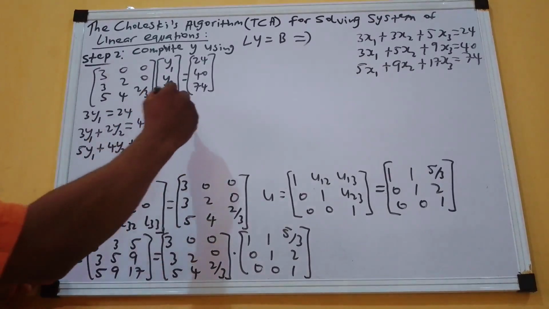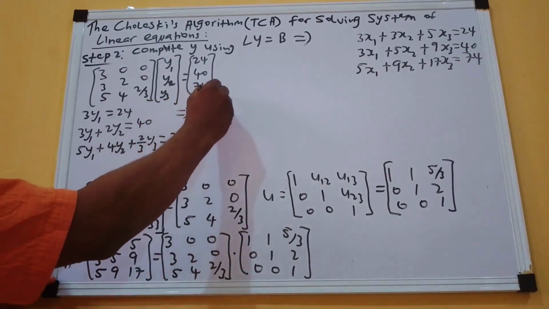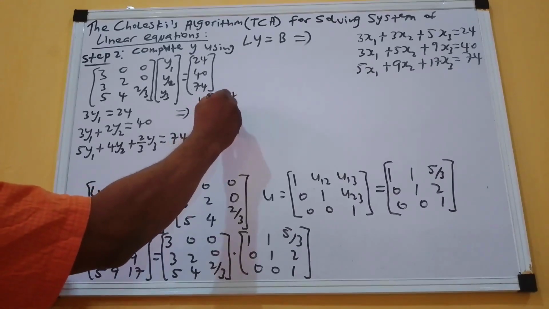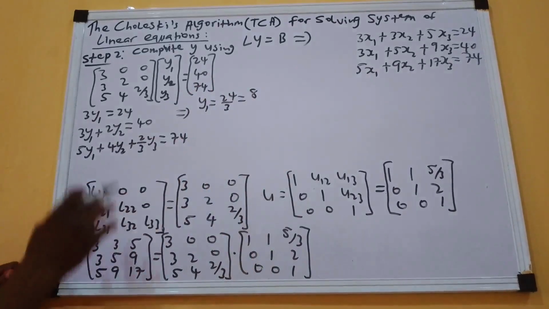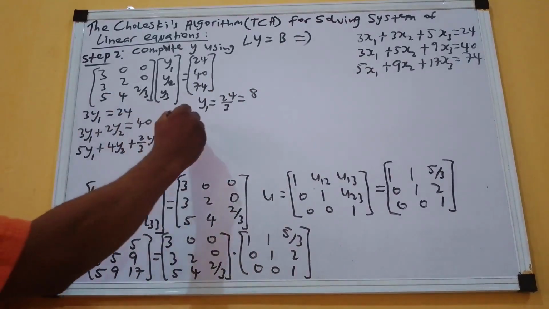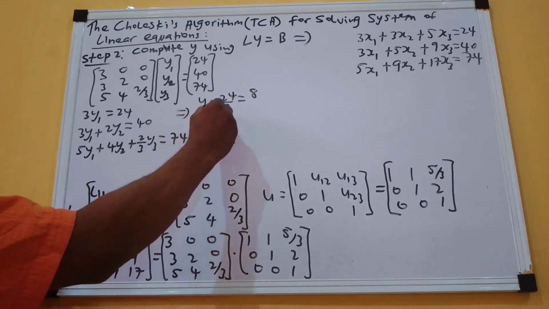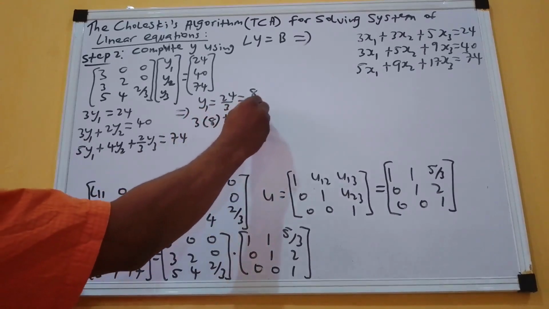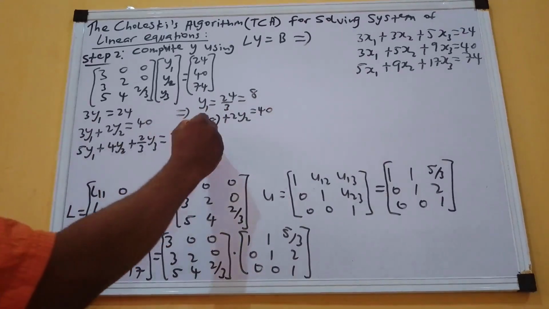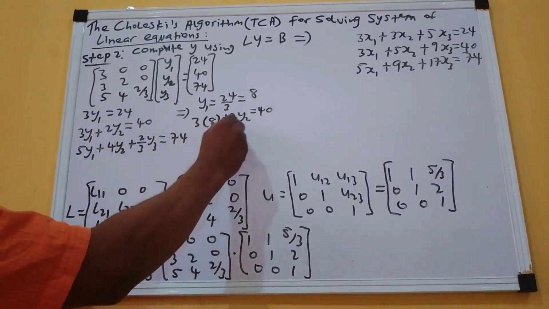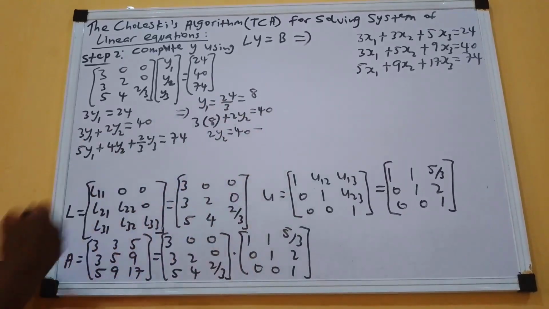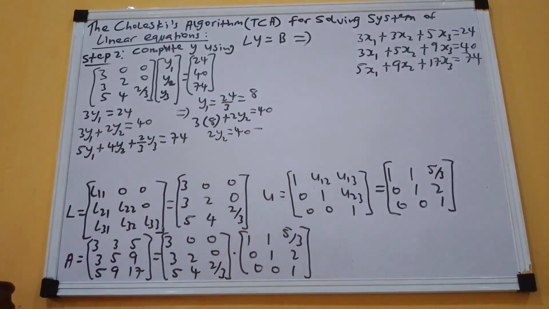From here we can get Y1. Our Y1 will be equal to 24 over 3, and that is equal to 8. Putting Y1 into this, you are going to have 3 into our Y1 is 8, then plus 2Y2 is equal to 40. So this will be 2Y2 is equal to 40 minus 3 times 8 is 24.